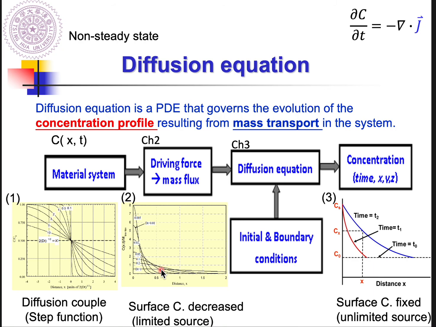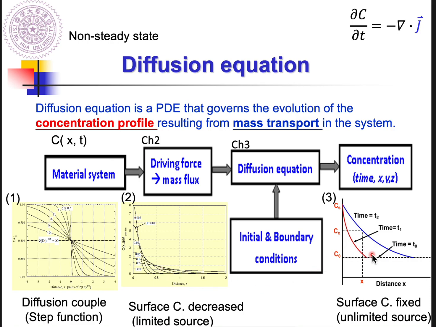Then you heat this substrate up, and this limited amount of diffusing atoms is going to diffuse from the surface, the 1 nanometer thick layer, into the substrate. So this is what we call a limited diffusing source.